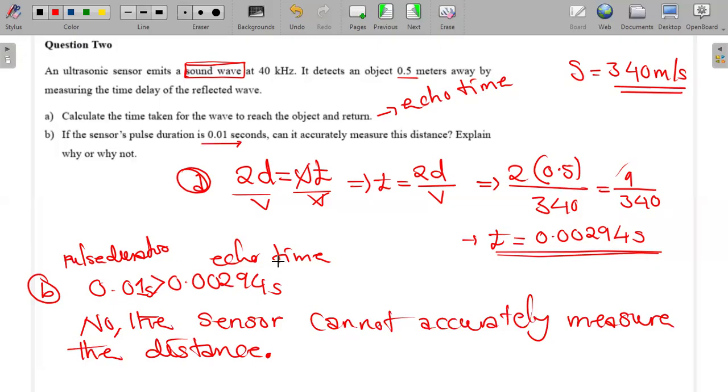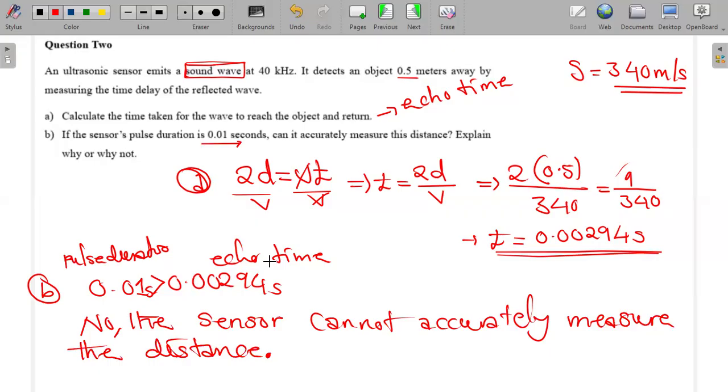Whereas we explained that there must be clear separation. The sensor must complete producing its pulse before the echo returns for that clear separation, in order for an accurate measurement to be taken. But in this particular case, the echo arrives back at the sensor whilst the sensor is still producing its pulse.